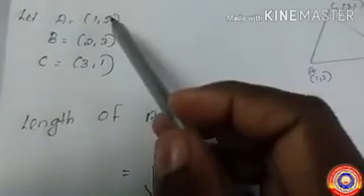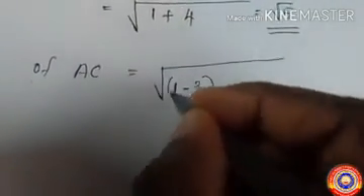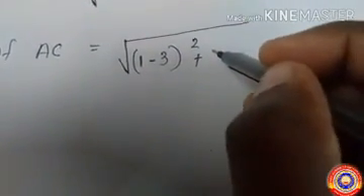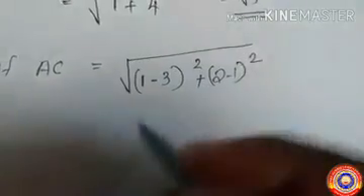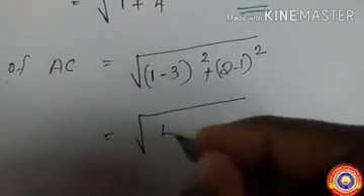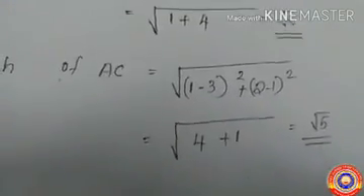So the difference in x coordinates is (1 minus 3) whole square, plus the difference in y coordinates, (2 minus 1) whole square. 1 minus 3 is minus 2, whole square equals 4, plus 2 minus 1 is 1, square equals 1. And root of 4 plus 1 equals root 5.